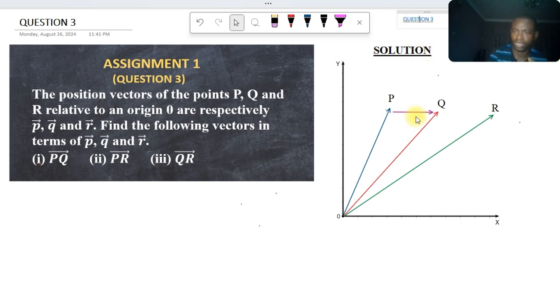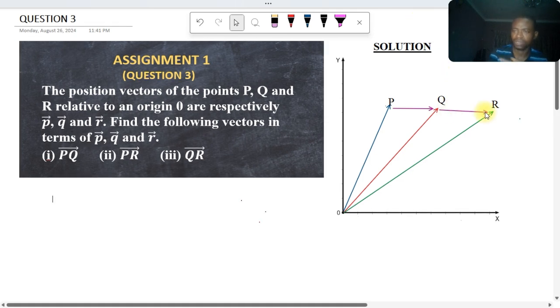I've done that with the purple line, that is P to Q. Then Q to R will also be joined, as you can see on your screen. So these two purple lines are not position vectors, they are displacement vectors, because this one didn't start from the origin, and this one also not from the origin.